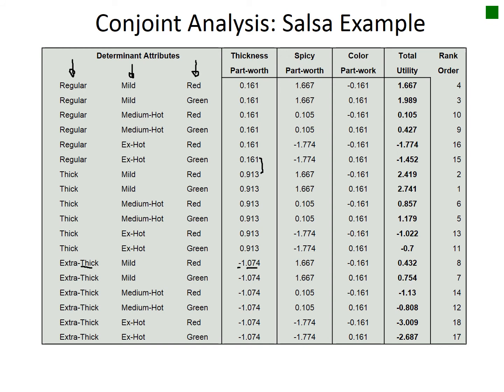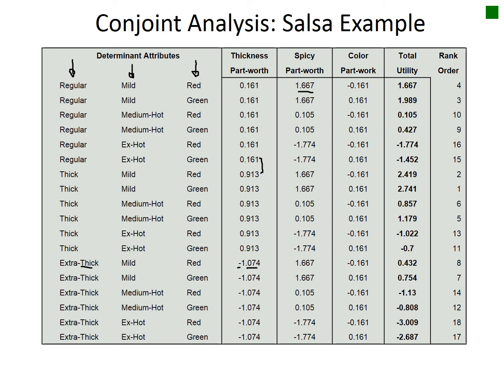And so if we were to look at this, people most prefer thick salsa. And then we have regular salsa, and then people really do not like extra thick salsa at all. It has a negative part worth, so that hurts the likelihood that someone will buy your product if it's extra thick. When we look at spiciness, we have mild.